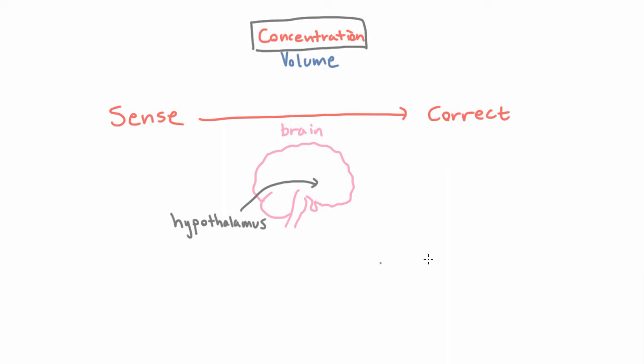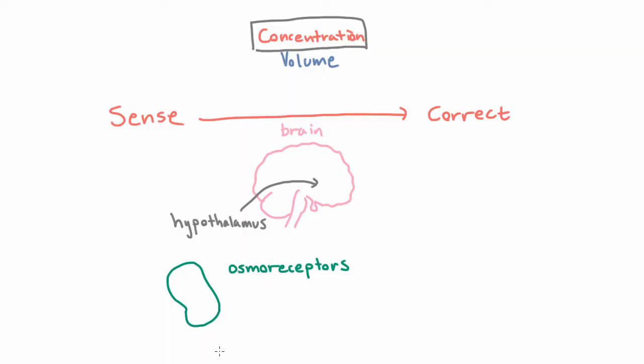So how exactly does this hypothalamus sense changes in concentration? Well, it turns out you have special cells in the hypothalamus that are called osmoreceptors. Now, osmo should probably make you think of osmolarity, and receptor means that it's stimulated by those changes in osmolarity.